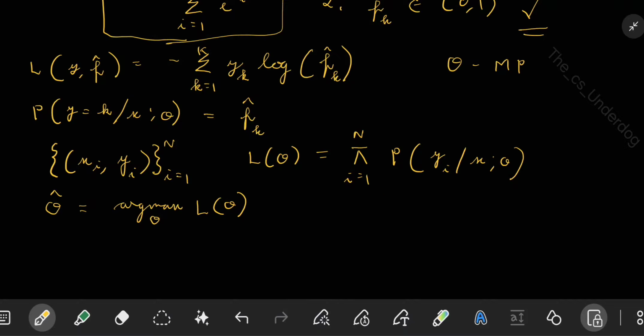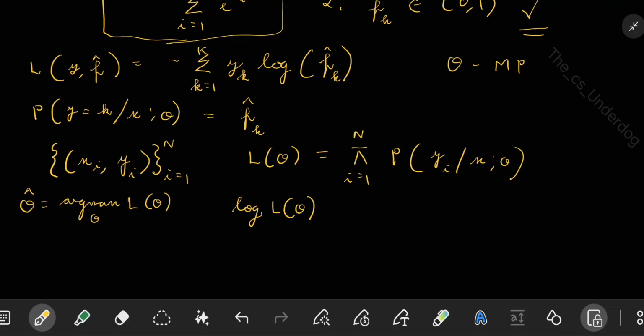Why is it? Because it increases your numerical stability. What I'll do is I'll cut this out and write here theta cap equal to argmax of theta L theta. Here, instead of L theta likelihood, we'll take log likelihood. So if you take log likelihood, it will be log L theta.